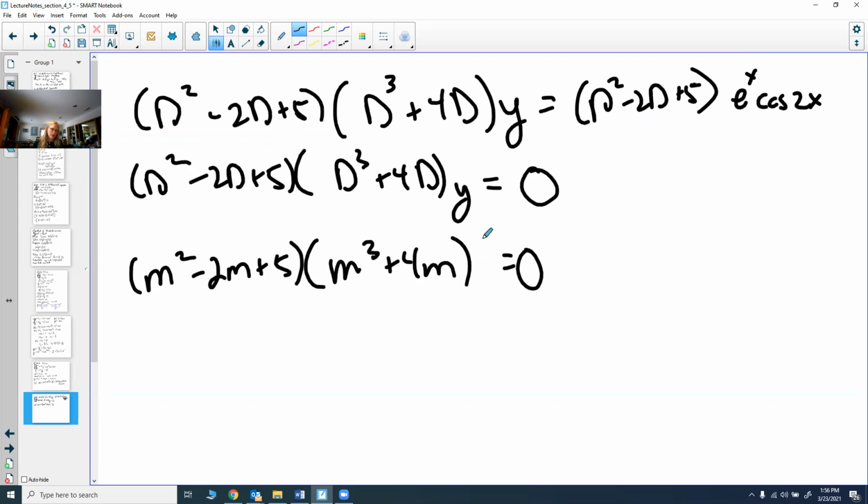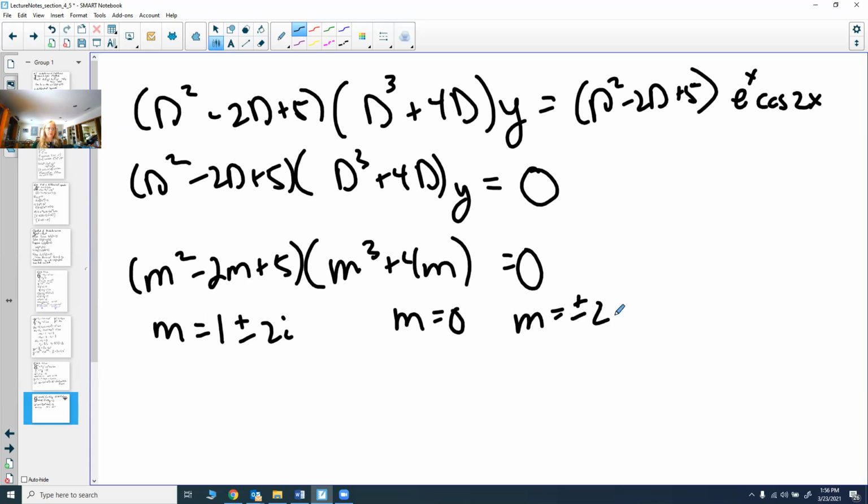And remember the y goes away because y is equal to e to the mx. So this is why this happens this way. It's that same kind of idea. Now we just have to solve all these. M squared minus 2m plus 5 factors as m equals 1 plus or minus 2i. The other one we already know is m equals 0 and m equals plus or minus 2i.